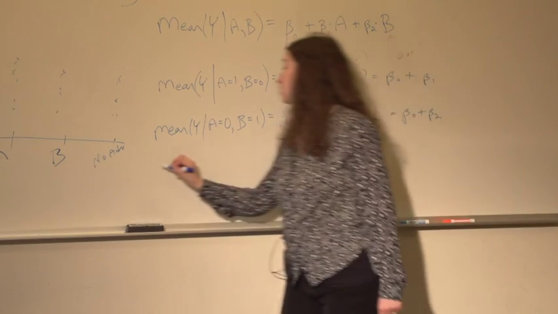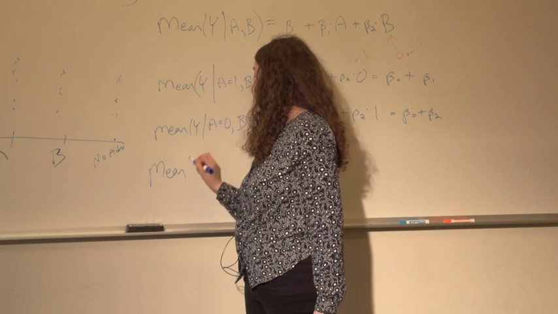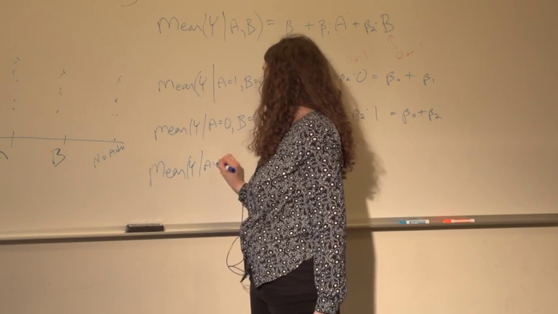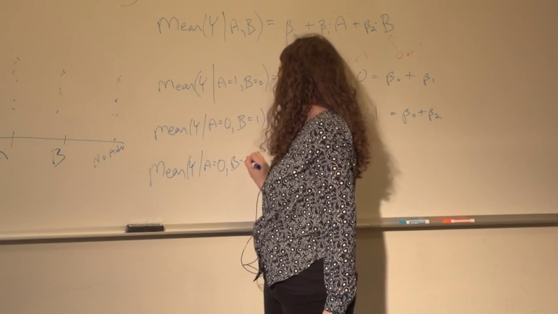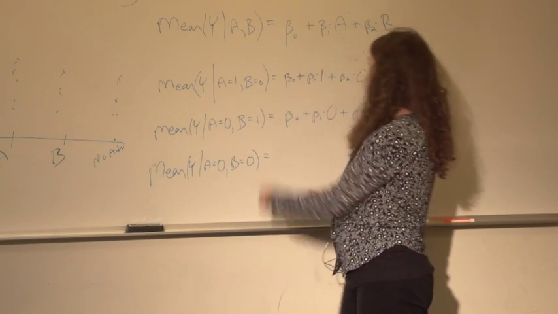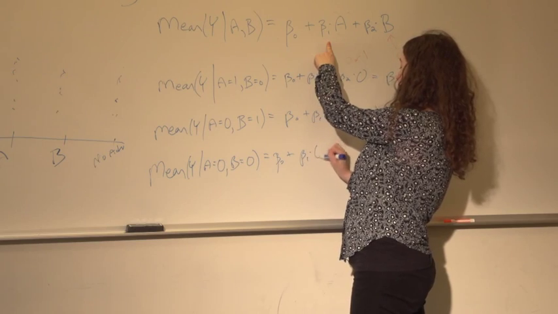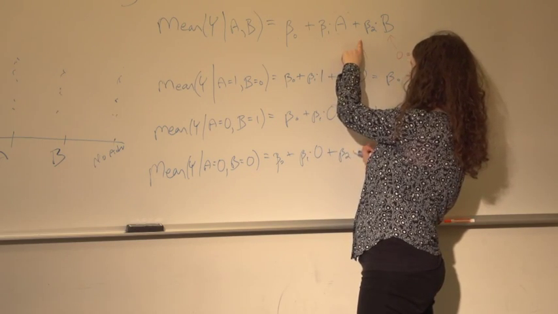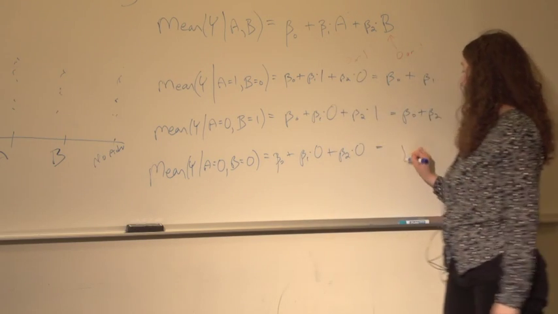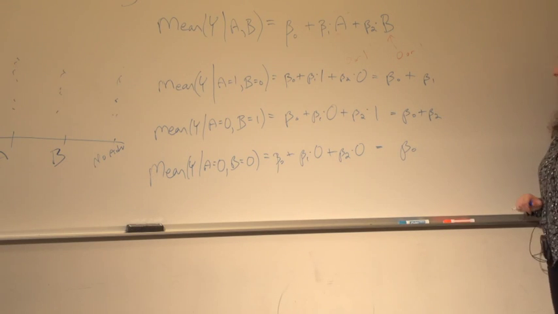And what if you're in this 3rd group? Then we've got beta 0 plus beta 1 times 0 plus beta 2 times 0. That's just beta 0. Okay?